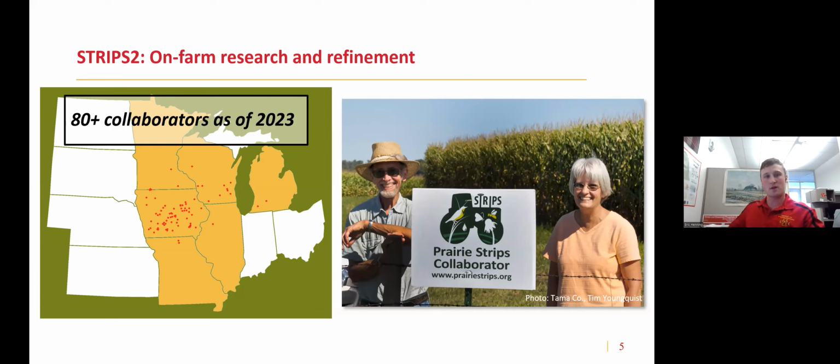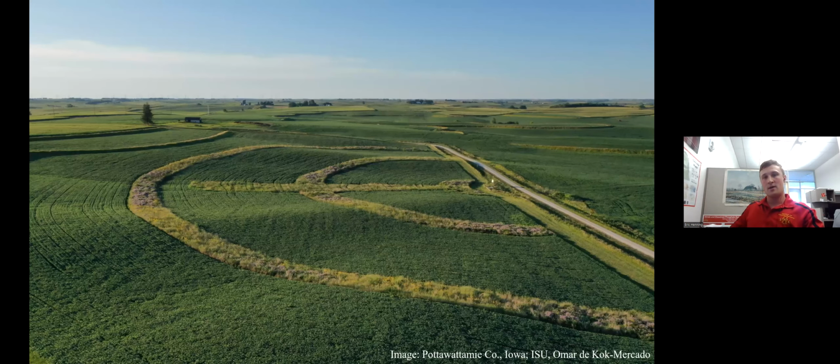There's over 80 collaborators as of today participating in this phase 2. Here's a beautiful aerial image of one of those fully functional STRIPS phase 2 sites in Pottawattamie County, Iowa. And this is one of my favorite sites. I actually will be presenting some data that I collected from this site later on.